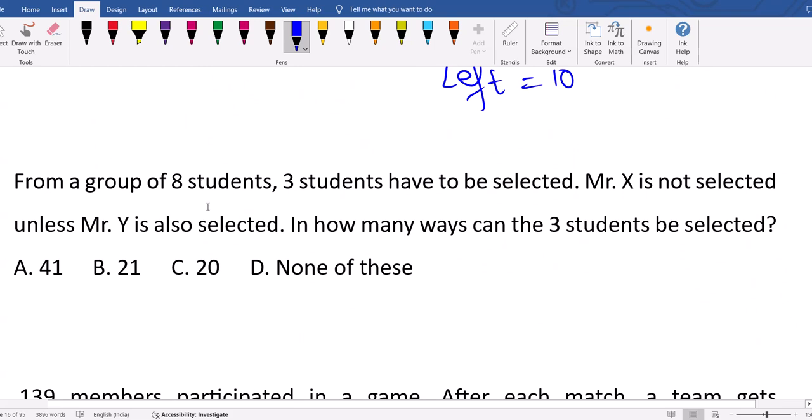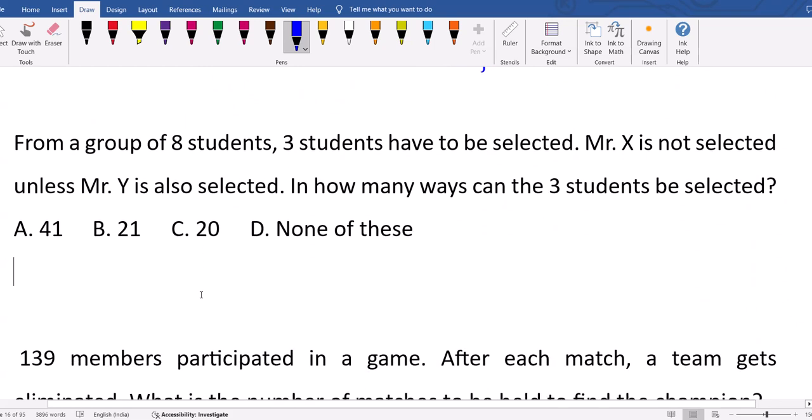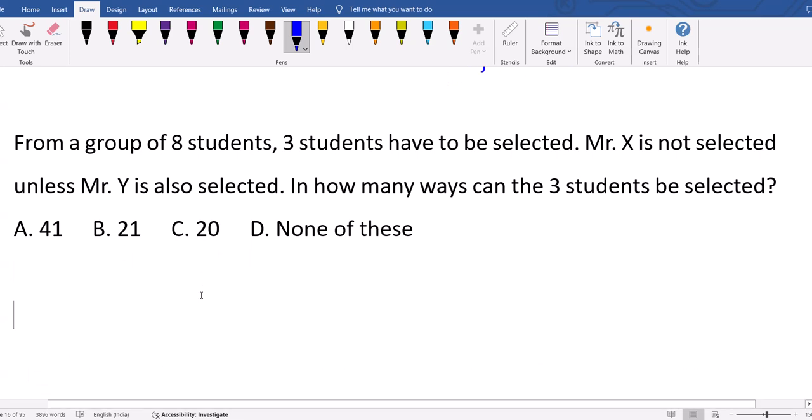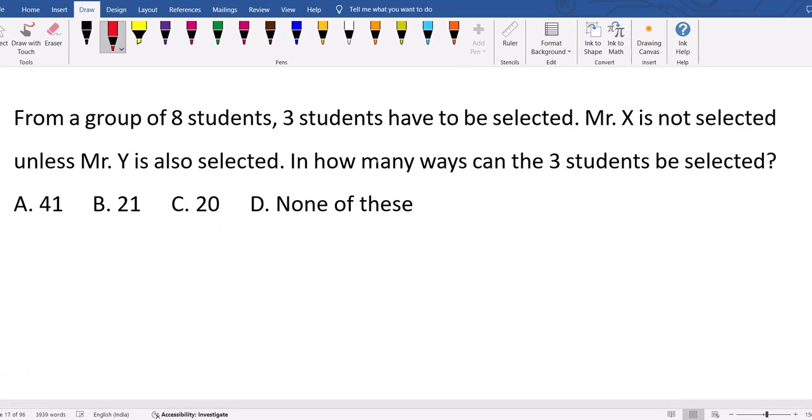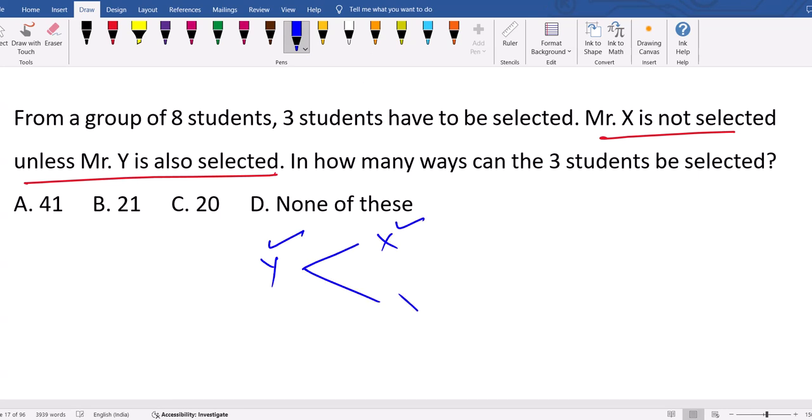combinations and combinations related. Mr. X is not selected unless Mr. Y is also selected. So one analysis is if Y is selected, X may be selected or X may not be selected. The other one, if Y is not selected, then X is not selected.